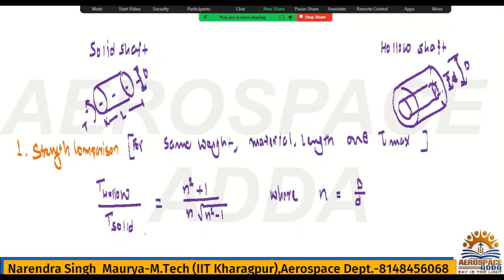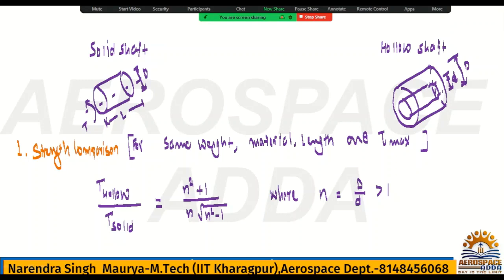What is the meaning of it? If you check capital D by small d, it is always greater than 1. There is no doubt about it. So if you check this result, n square plus 1 divided by n root of n square minus 1, take for example n equals 2.